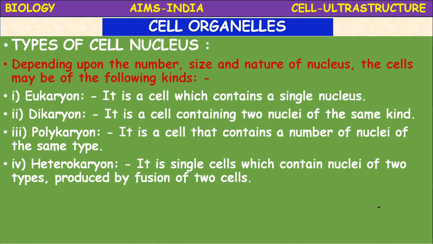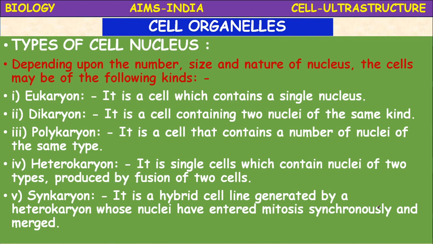A heterokaryon is a single cell which contains nuclei of two types, produced by fusion of two cells. Such cells are called heterokaryotic cells.